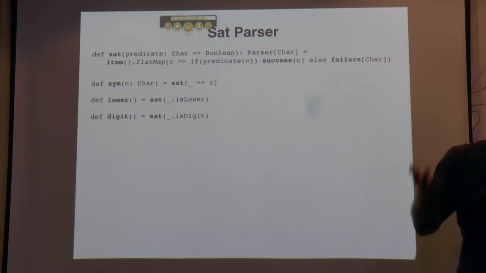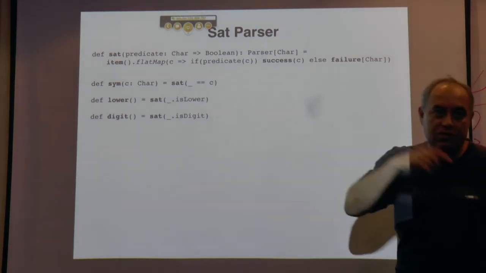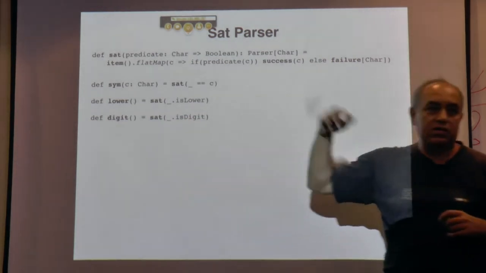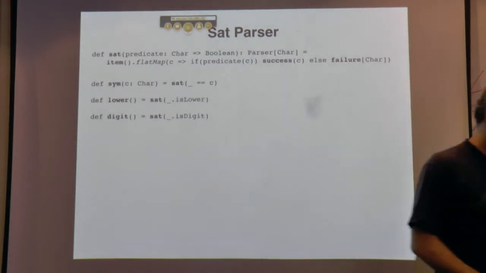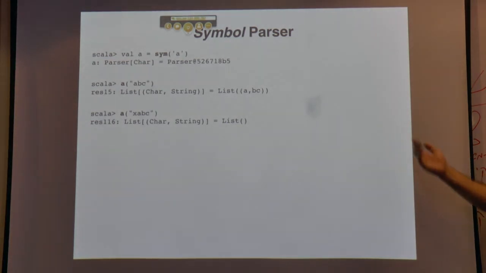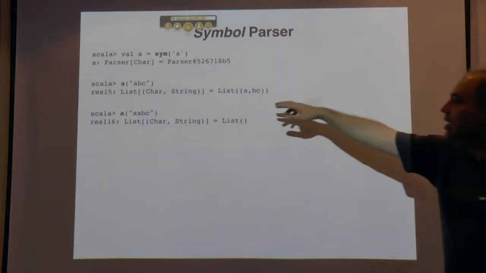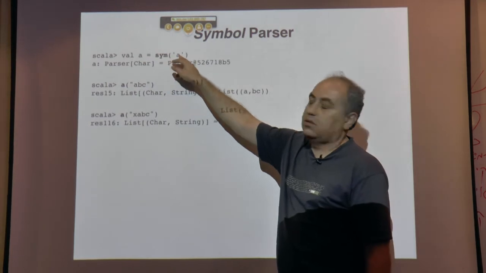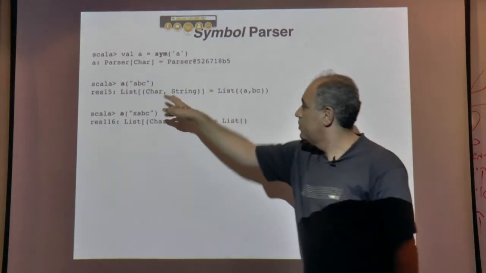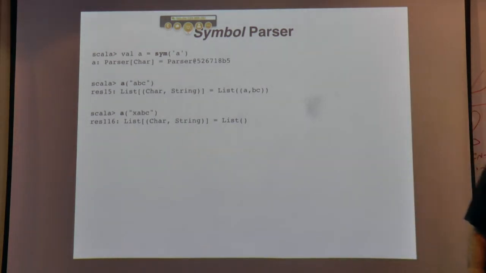If the first character is lowercase, it returns it, otherwise it fails. If the first character is a digit, it returns it, otherwise it fails. Okay, simple. Good. And that's how it works. I create a new parser this way, and that's how it works. Okay. Obvious.